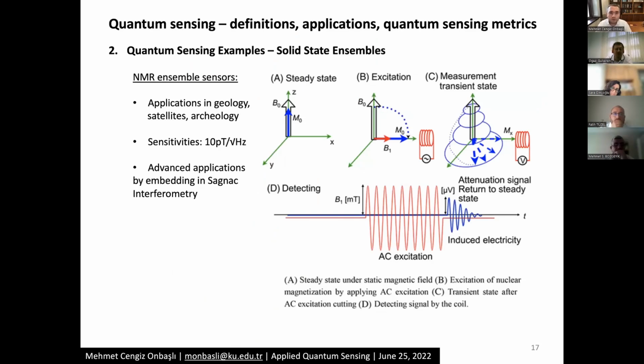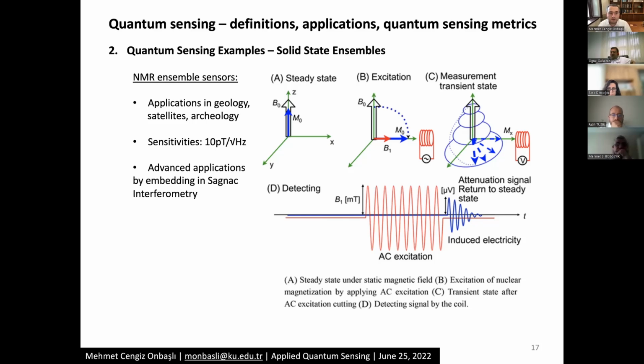When it comes to solid state ensembles, we are referring to an entire group of atoms that act together for our measurements. We are essentially looking at multiple atoms and their nuclear resonance; their nuclei have spins, and they have coordinated precessions.